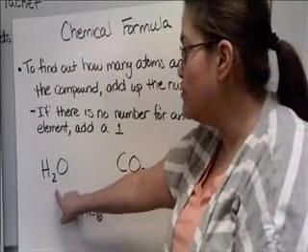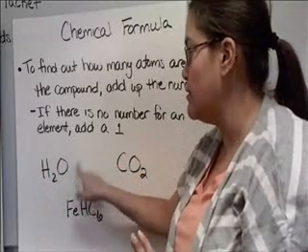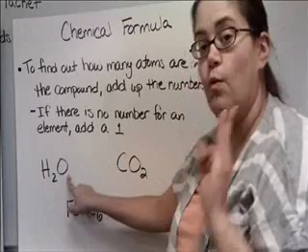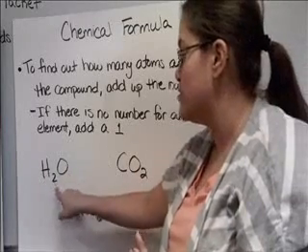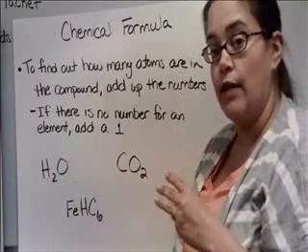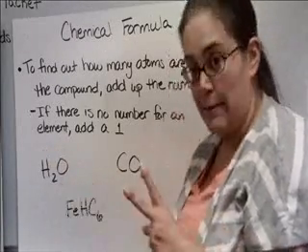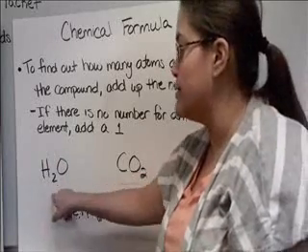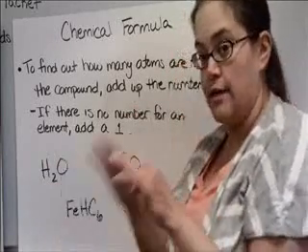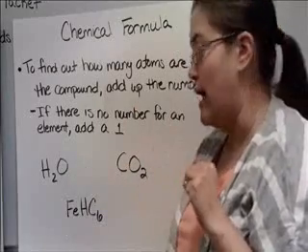So there are 2 hydrogen atoms, 2, and there's no number here, so we add a 1, so there's 1 oxygen atom. So 2 hydrogen, 1 oxygen. So there are 3 total atoms. So you have 2 types of elements, but one of those elements you have 2 atoms of, and then the one element you have 1 atom of. So you have 3 total atoms.